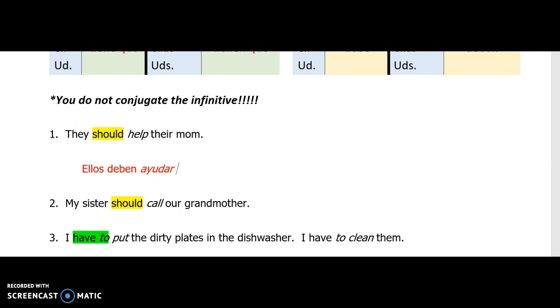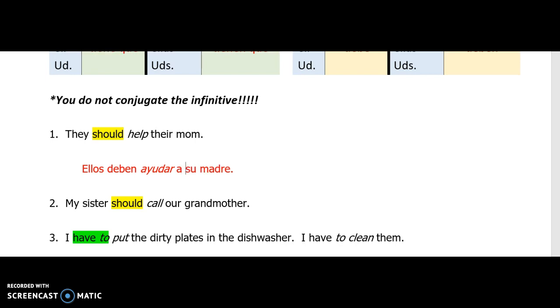Su madre. Looks good, right? Wrong. We're starting right off the top by throwing something extra at you that we've done before. Who they're helping is their mom. That's the object of your sentence. And what happens when we have a person or pet, because pets are people too, as the object of a sentence?